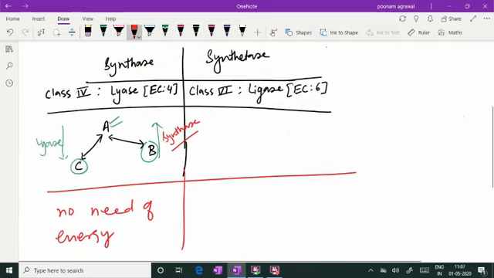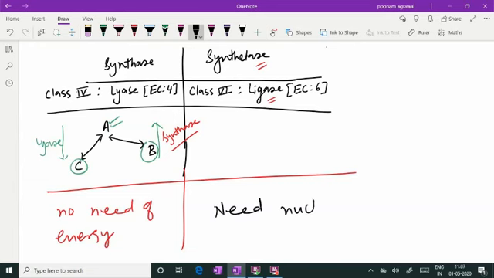When we talk about synthetase enzyme, this particular enzyme belongs to class 6 ligase. And what the members of ligase class of enzyme do, they ligate two things together with the help of energy which may come from nucleotide. So number one, they need nucleotide to provide the source of energy.